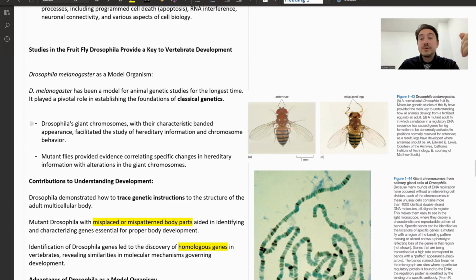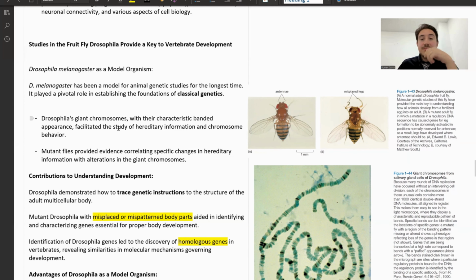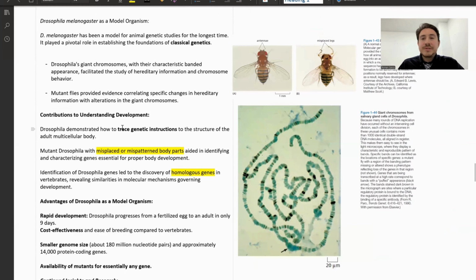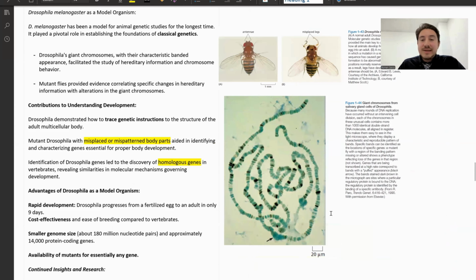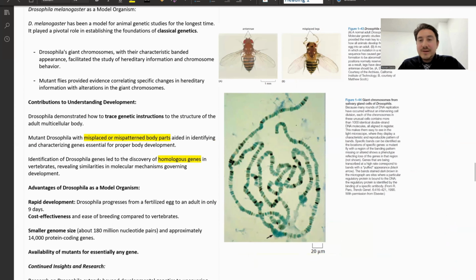We move into Drosophila. Drosophila melanogaster, the fruit fly, has been, and still is, a model organism for genetic studies in animals for a great period of time. It played a pivotal role in the foundation of classical genetics. One thing that's quite special about Drosophila melanogaster is its giant chromosomes that you can see here.